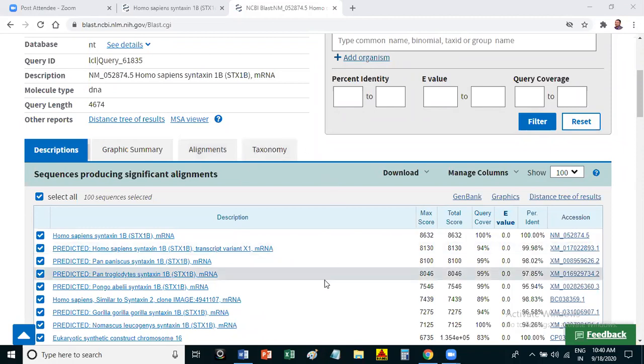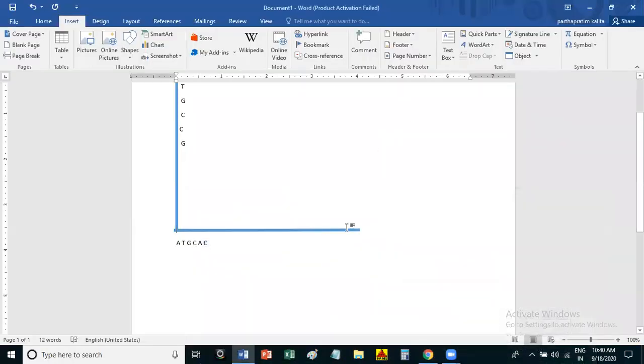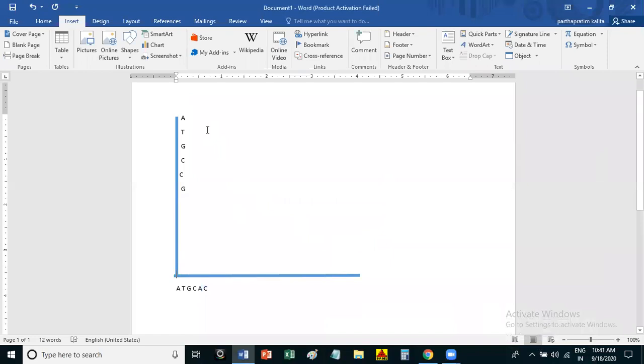So how they are comparing, we'll see now. You just be with me for this one. So this is a sequence.